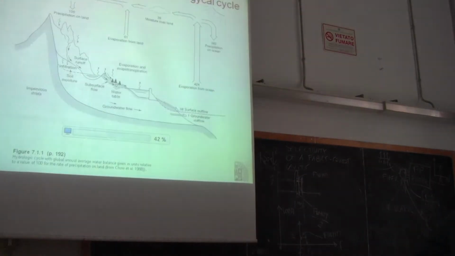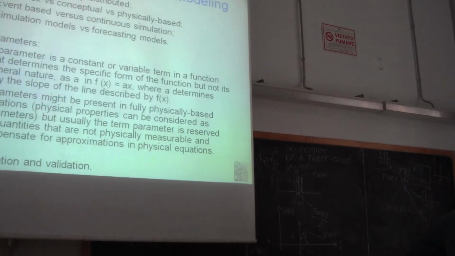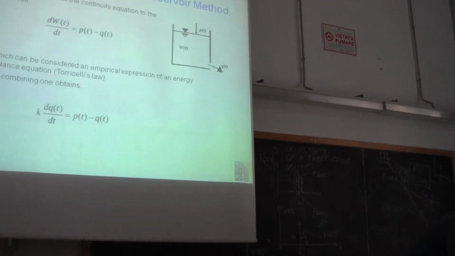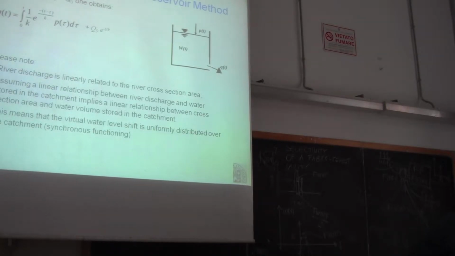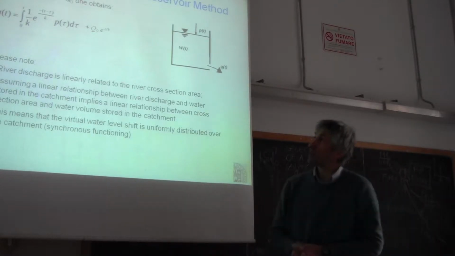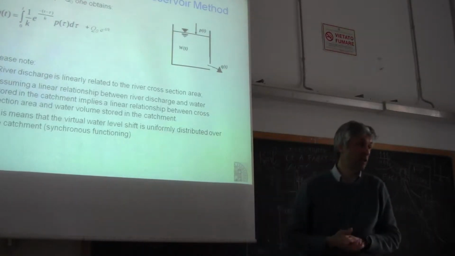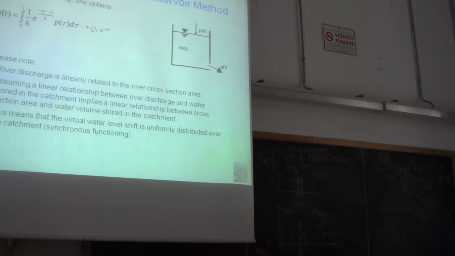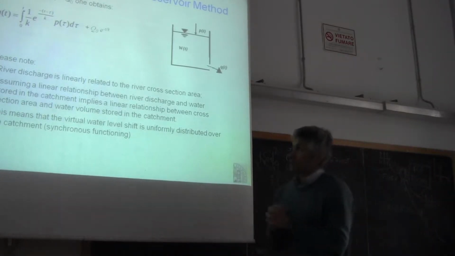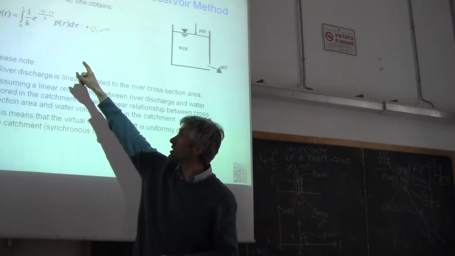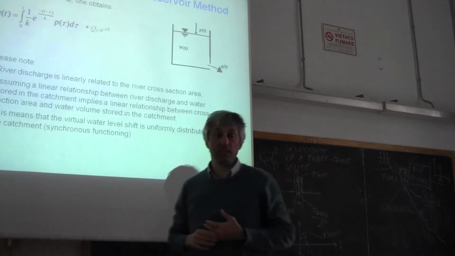Now, let me start the lecture today from the relationship which we derived on Friday, which allows us to compute the river discharge with the linear reservoir model depending on the rainfall over the catchment, which is indicated by the symbol PT here.